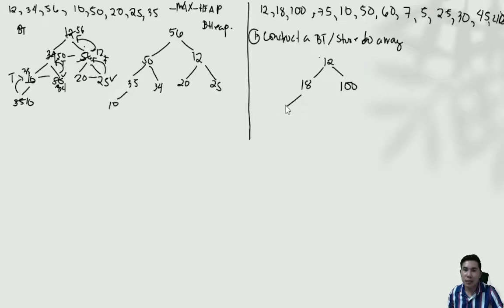And then you have your 75, then 10, 50, 60, 7, 5, or 25, 30, 45, and 40. So that's it. Let's check it now.